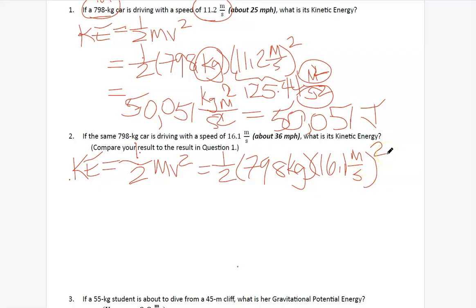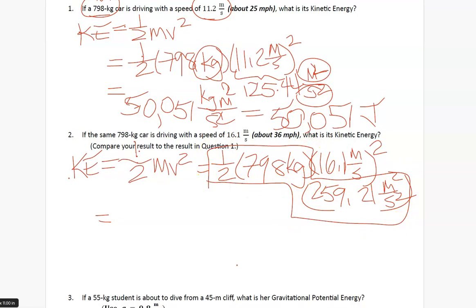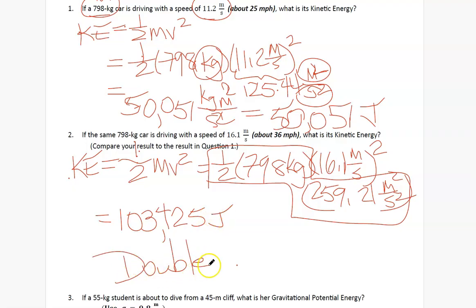And when we square 16.1 meters per second, this number jumps up to 259.21 meters squared per second squared. Now we plug this into the formula, multiplying these numbers together, and this time we get 103,425 joules, double what we got in the last problem.